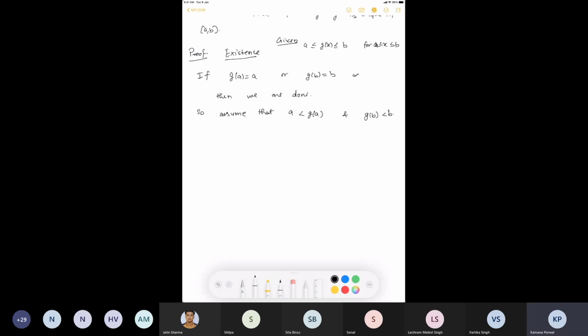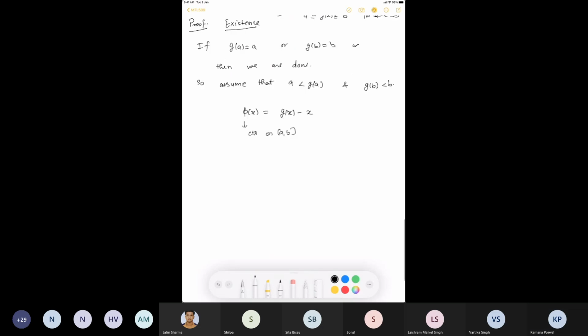And now what I will do, I will define a new function, P(x), as G(x) minus x. And note that G is given to be continuous, so this P is going to be a continuous function on [a, b].